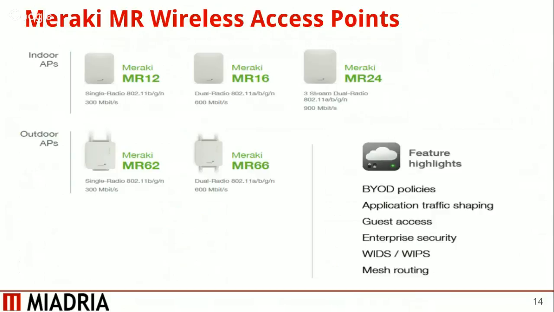So if you, for example, configure an SSID within a network, you are going to see that SSID on the tens or potentially hundreds of access points without needing to configure each and every device.